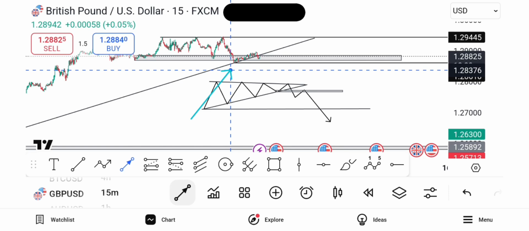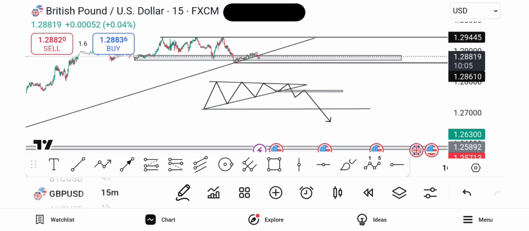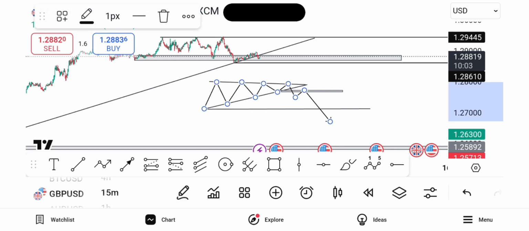When the market makes a valid break of my zone in the London session, that's when I get my entry. I don't rush for it; I make my analysis very well, then I wait for the right time.